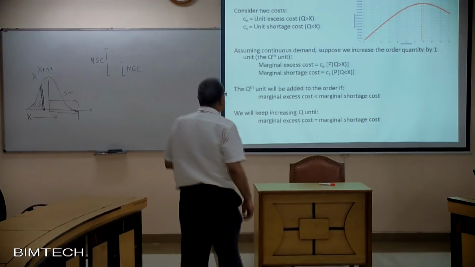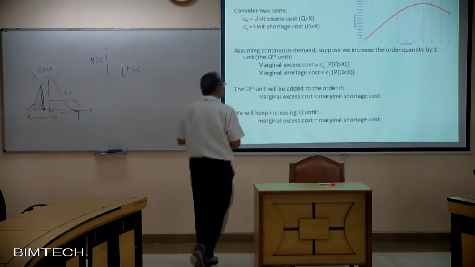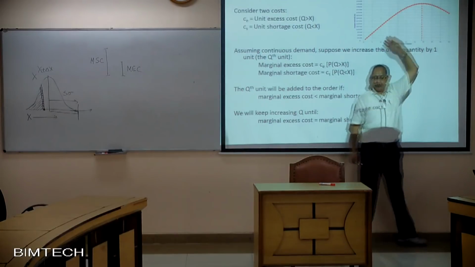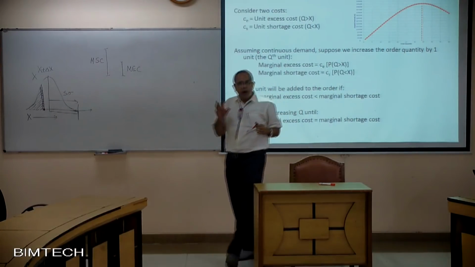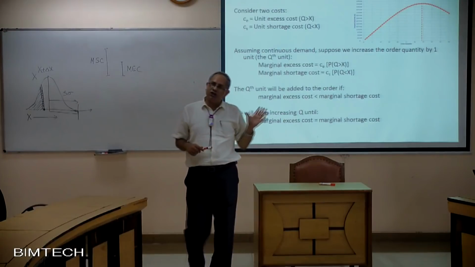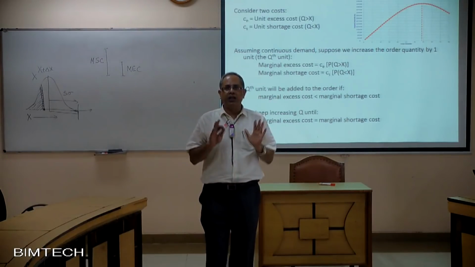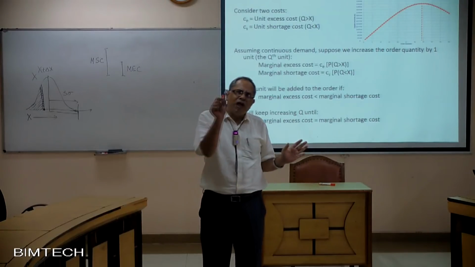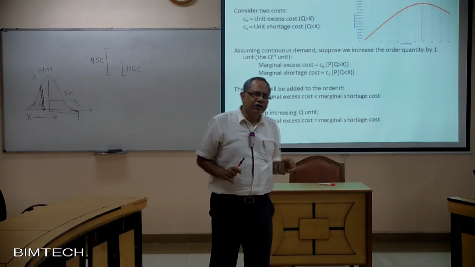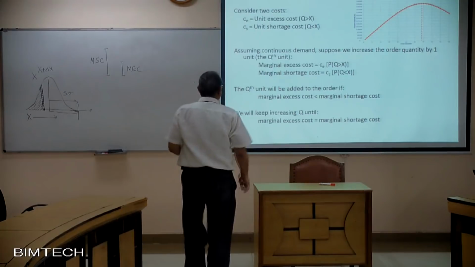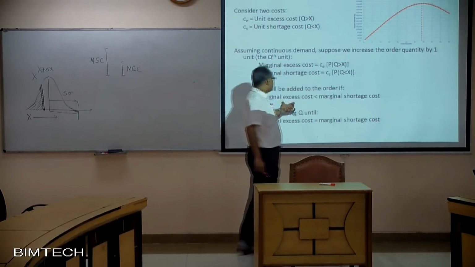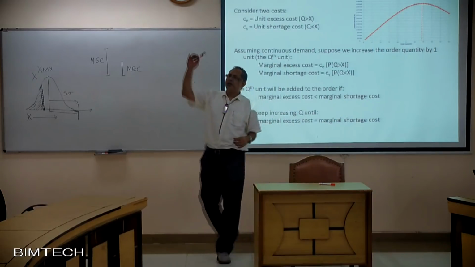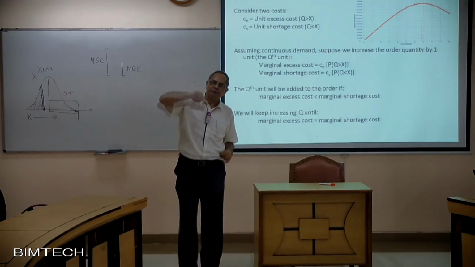Okay, and what is that? Where is that? That is at the top. That is the point where the marginal excess cost and the marginal shortage cost are equal to each other. You get one more unit than that, the reverse will happen. Your marginal excess cost will be more than the marginal shortage cost, and your entire profit will start falling.